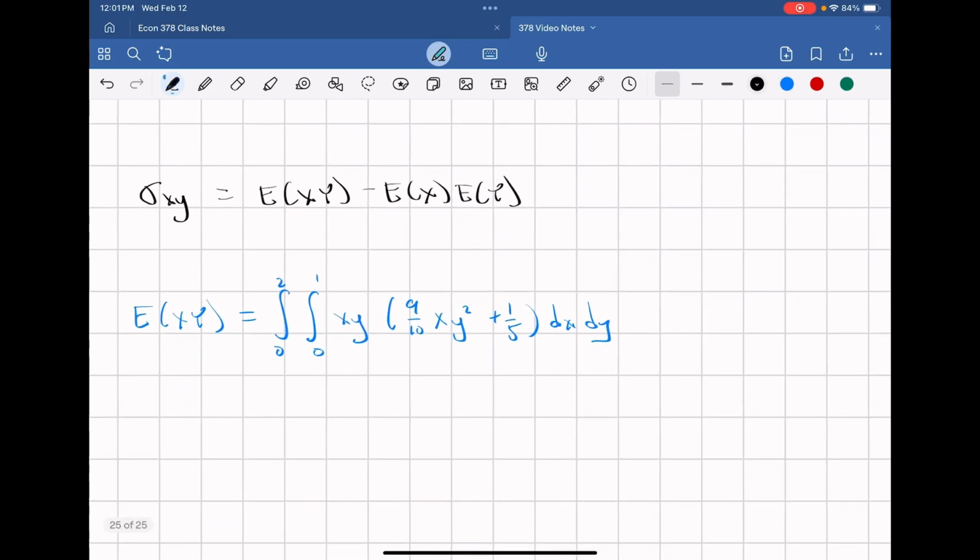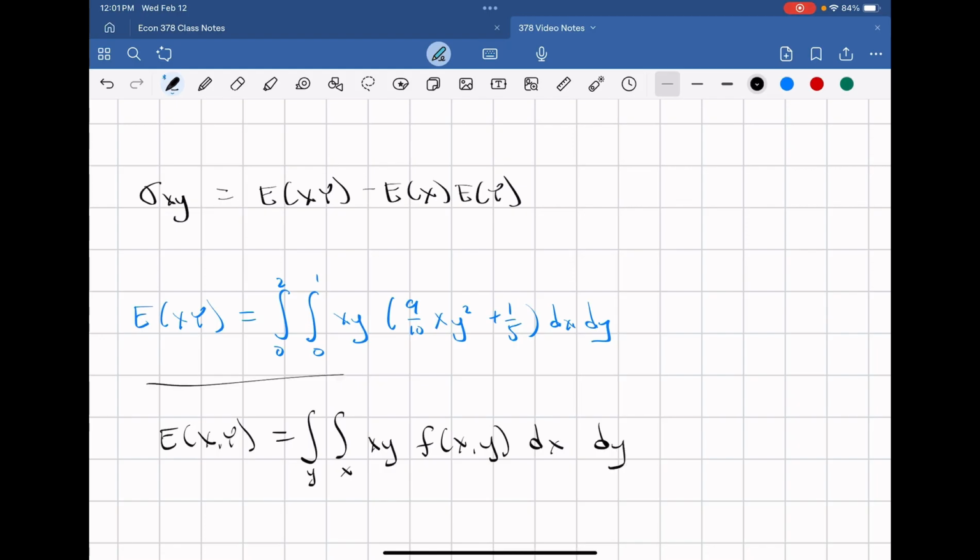So let's write that more generically. So the expected value of xy is equal to the integral of y and x, xy, the joint distribution. So that's the equation we're going to apply.